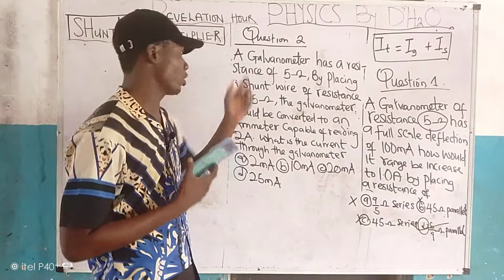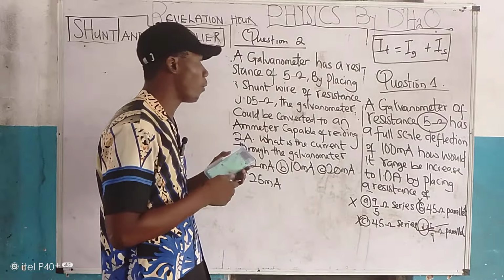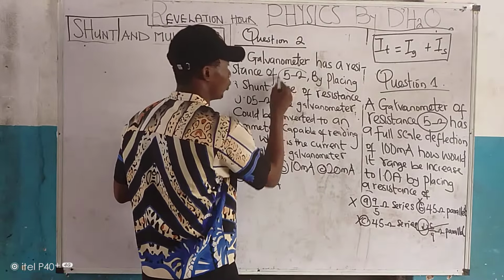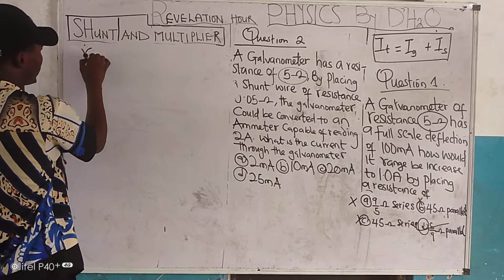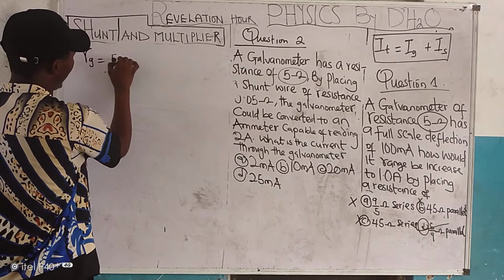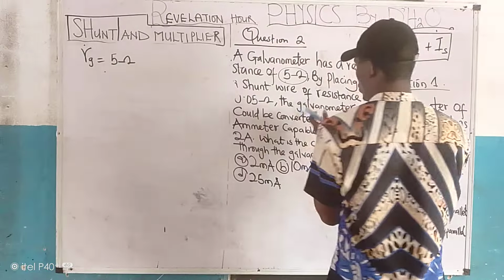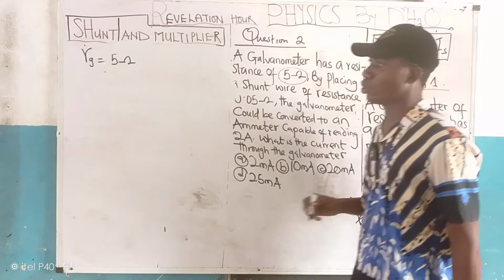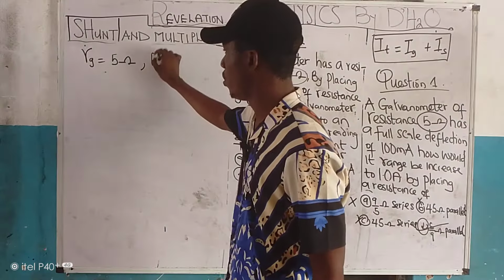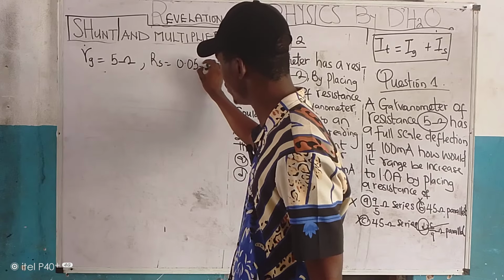So we are going to take question number 2. A galvanometer has a resistance of 5 ohms. Now the resistance of the galvanometer is equal to 5 ohms. By placing a shunt wire of resistance 0.05 ohm, so the resistance of the shunt is 0.05 ohms.